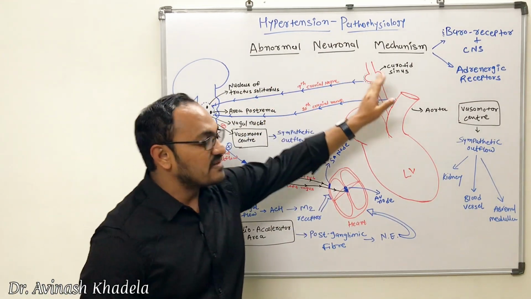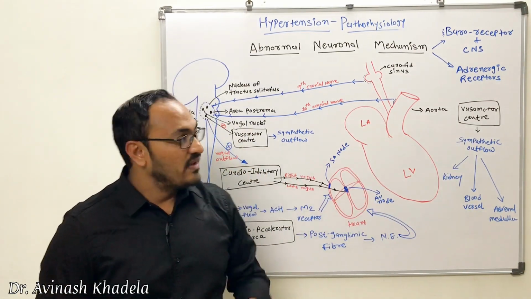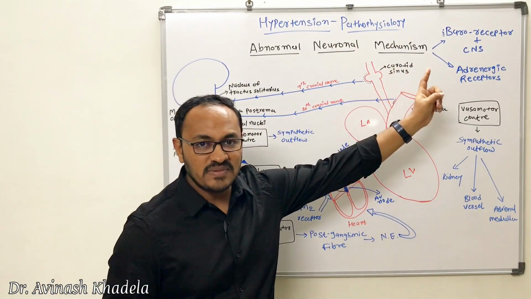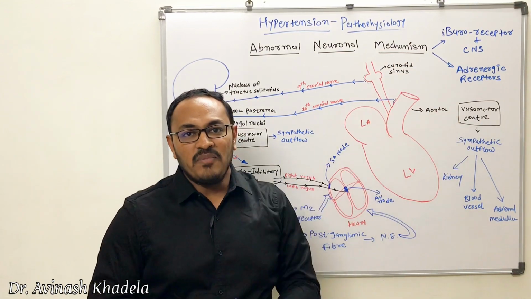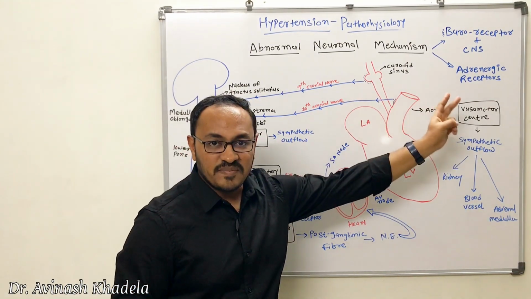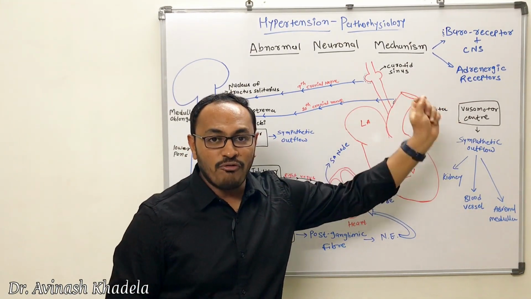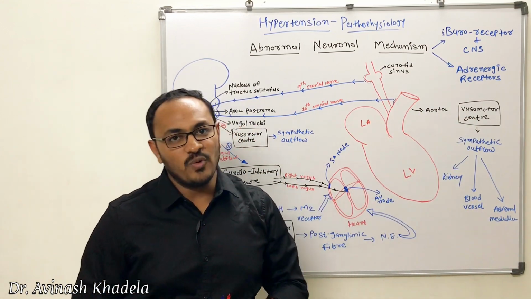This neuronal mechanism is comprised of mainly two important parts. One is baroreceptor and central nervous system mediated blood pressure regulation, and second is adrenergic receptor or adrenergic nerve fiber mediated homeostatic blood pressure regulation.